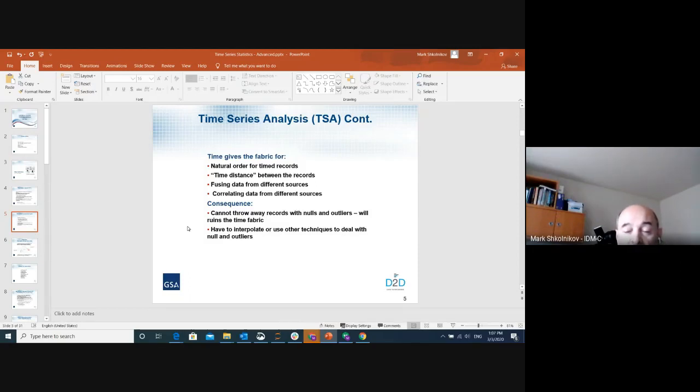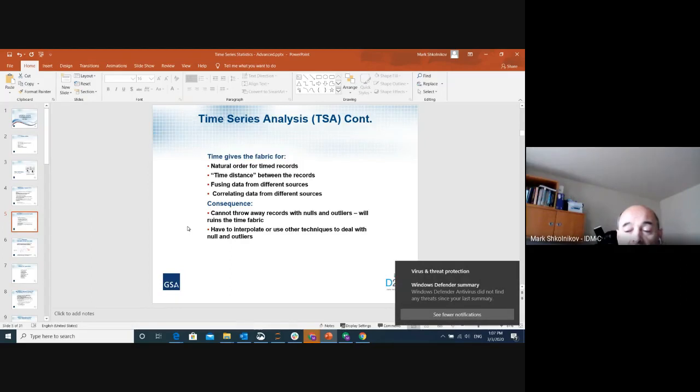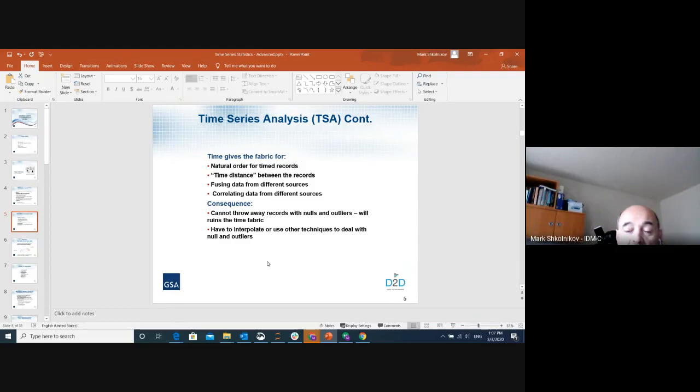If you have nulls, you have to fill them somehow. There are various interpolation techniques. You have to fill these nulls. You can trim the data at the beginning or at the end, but you cannot throw away the nulls or outliers. And I know the statisticians have that habit, so this is a warning.